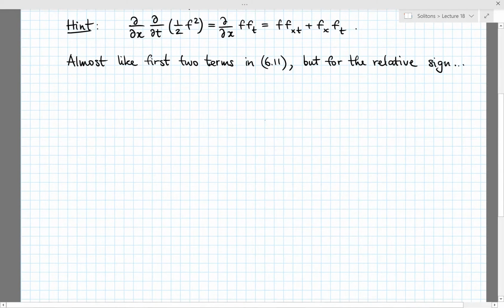This takes us to section 6.2.2, where we encounter Hirota's bilinear operator.